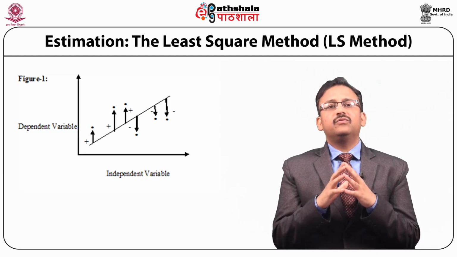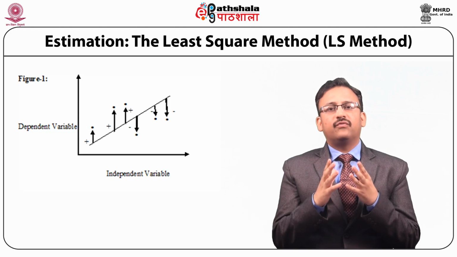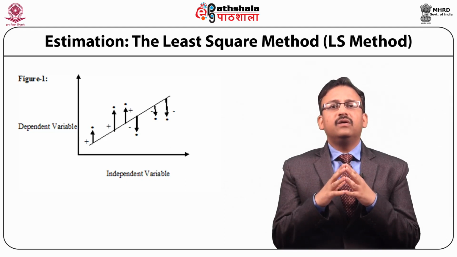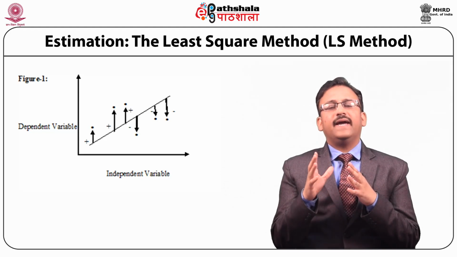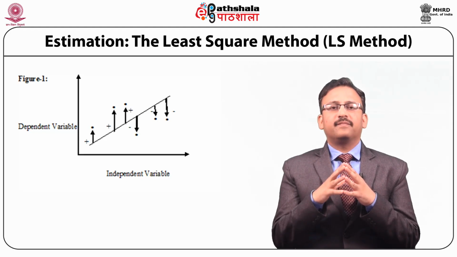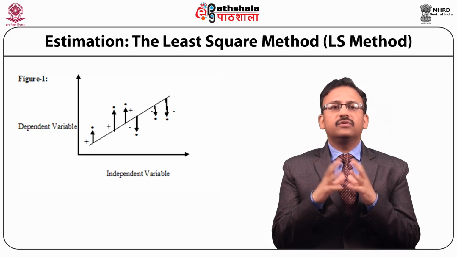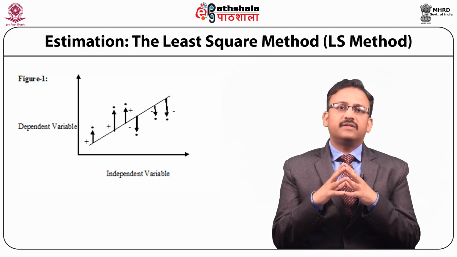This line is used to make predictions about the values of y, the dependent variable, for different values of x, the independent variable. In the context of regression, these differences are known as residuals and not as deviations, but actually both of them are the same.